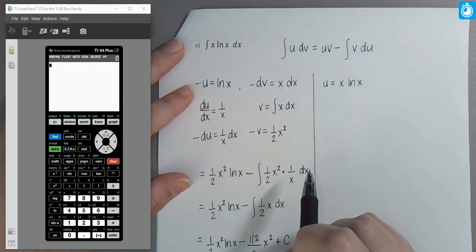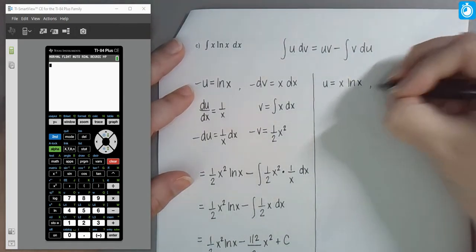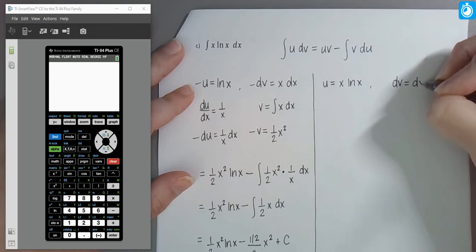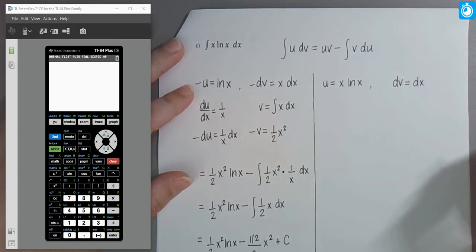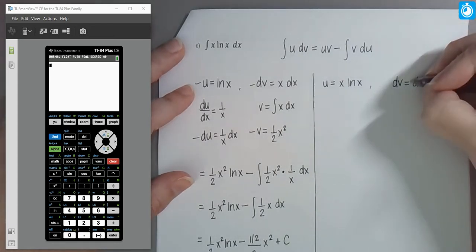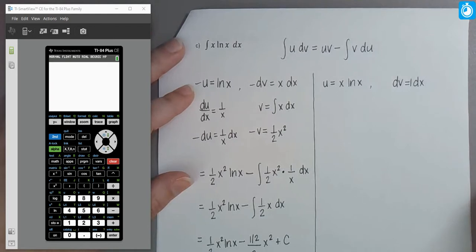So that's a reasonable choice for u. Now that means in this case that dv would have to be dx, and we know it needs to be something that can be anti-differentiated. And sure enough, we just saw from the previous example, think of this as like a 1 dx. We can take its antiderivative, so that is an okay choice for dv.